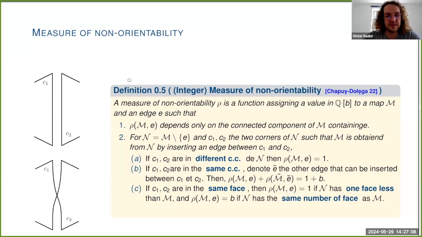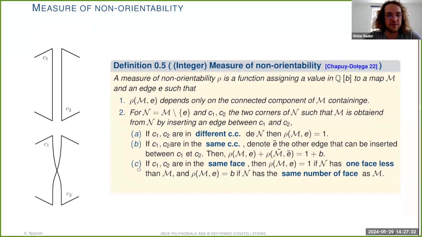This measure of non-orientability is simply a function that takes an edge in a map and assigns a weight in b that must satisfy some constraints. The first one is that the weight it assigns only depends on the connected component that contains my edge.